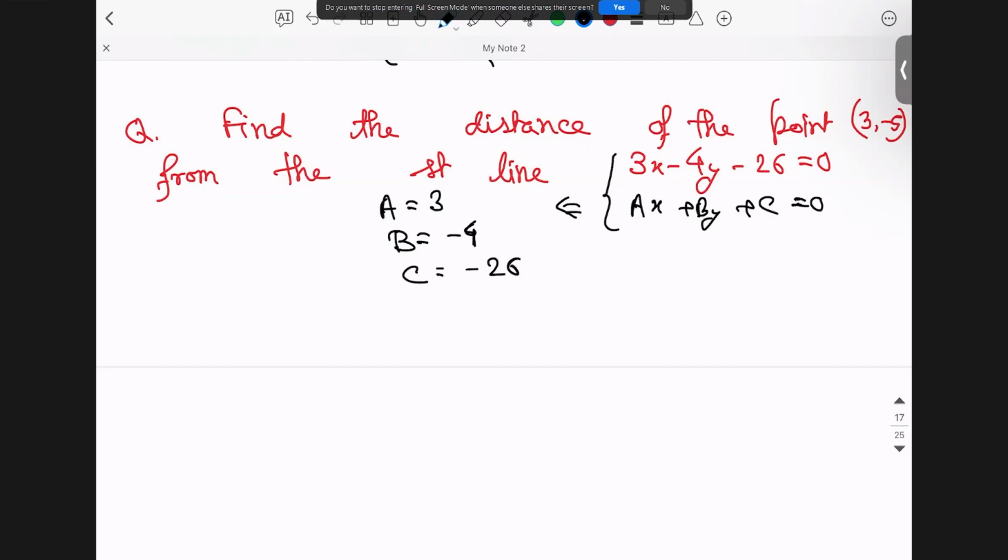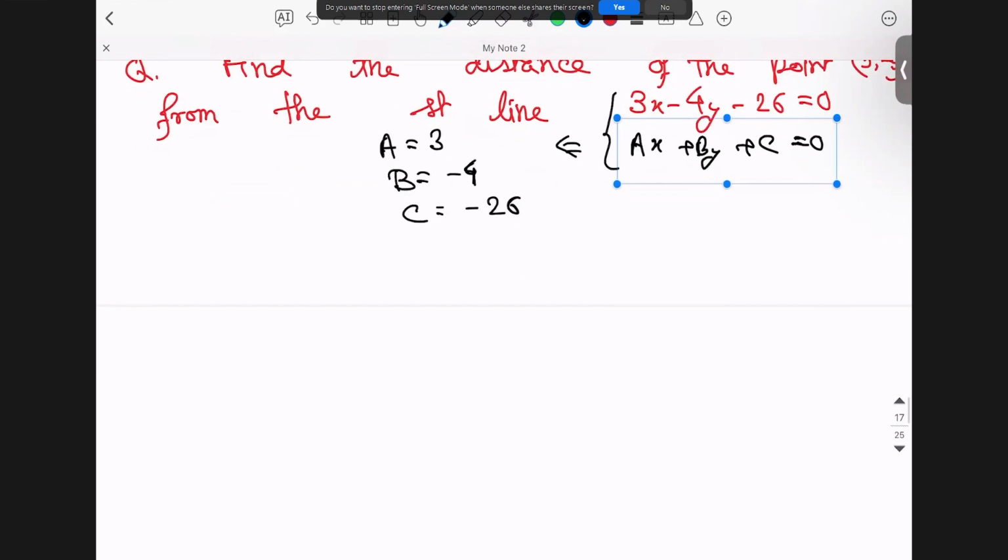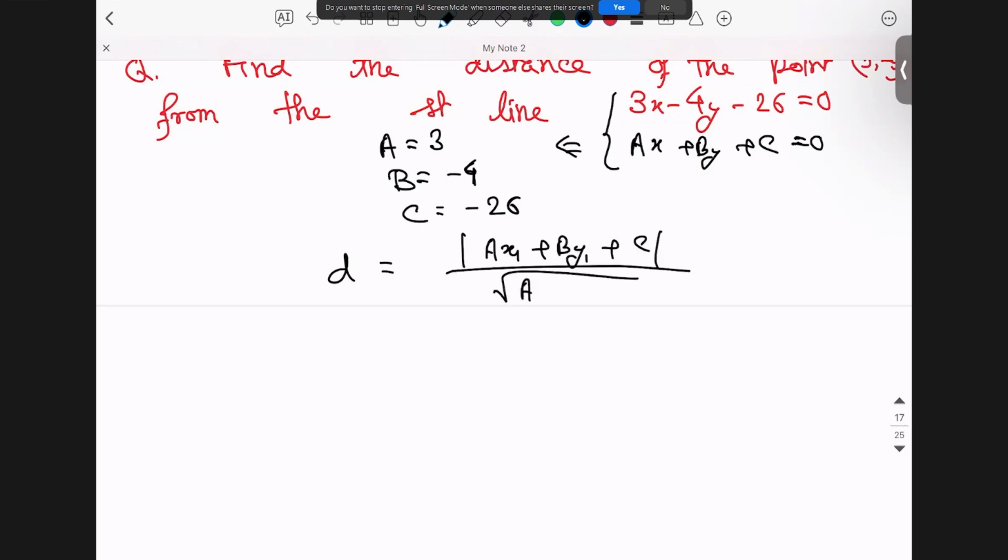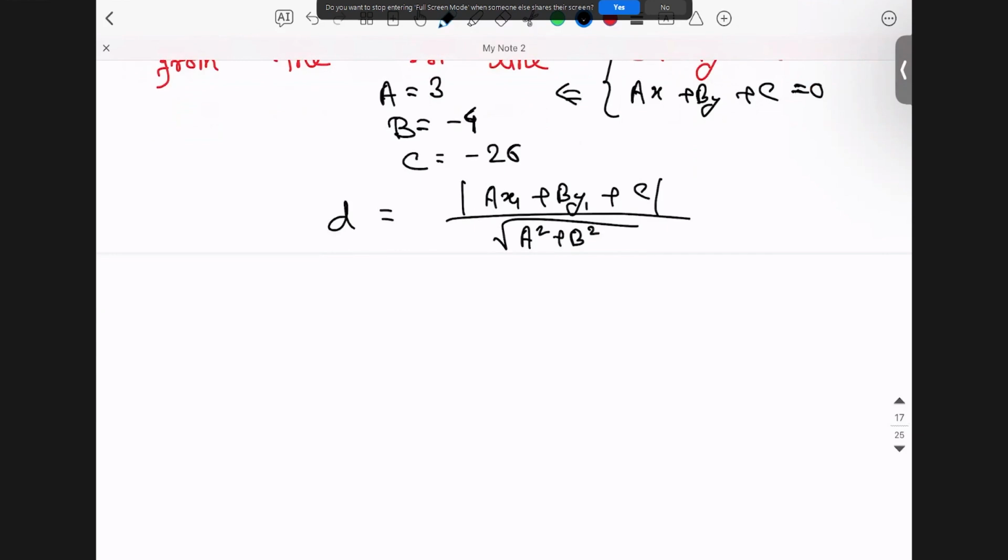Okay, now we can apply the formula here. So what was that formula in our case? The distance was modulus of ax1 plus by1 plus c divided by the positive square root of a square plus b square. This square root should be the positive square root. Okay.